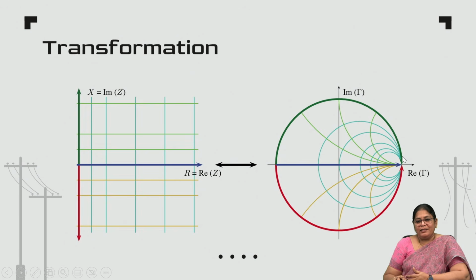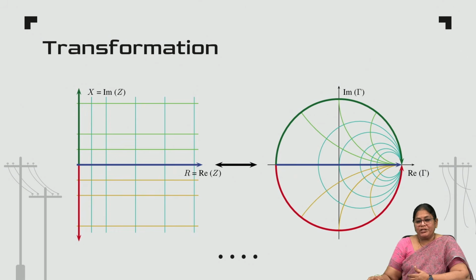The upper portion indicates inductive and the lower portion indicates capacitive. The horizontal axis is your resistance R, so above the axis is inductive and below the axis is capacitive.